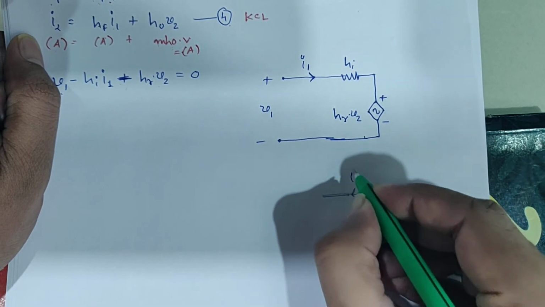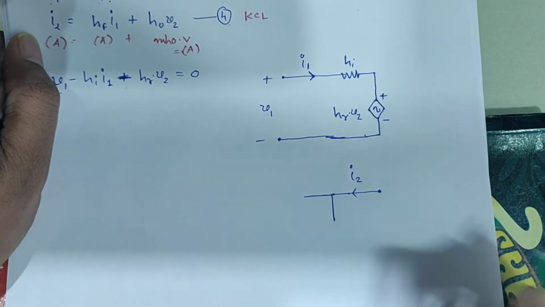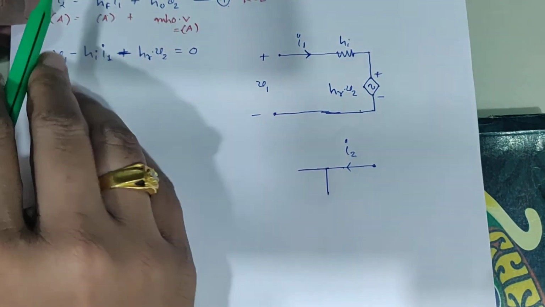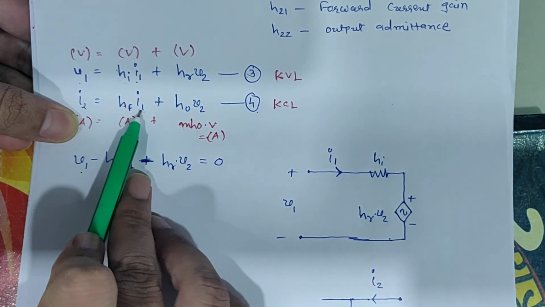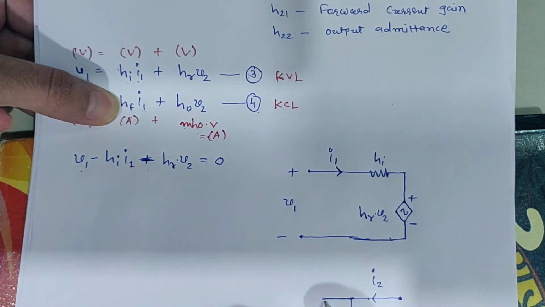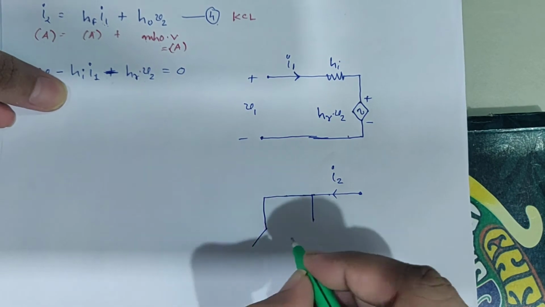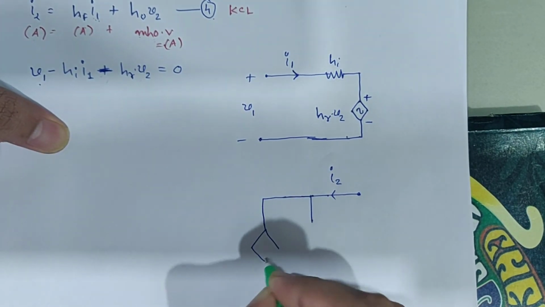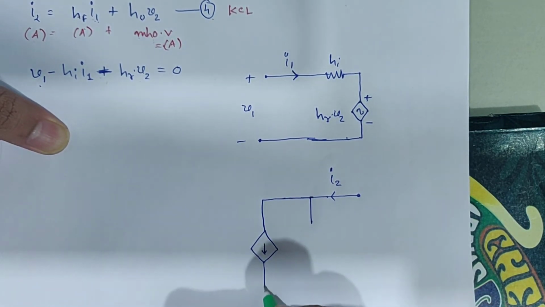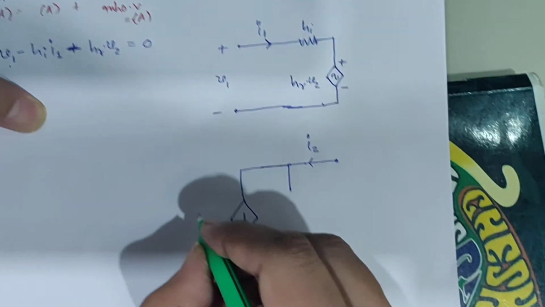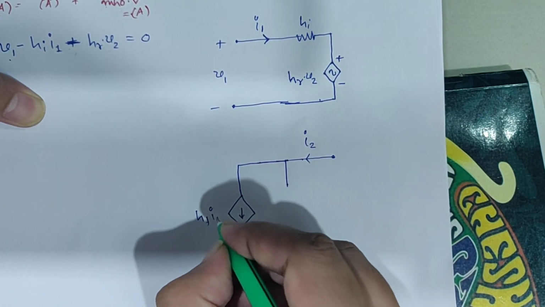If I draw here, the current flowing is I2, which is further divided into two branches. The first is the dependent current source. One current is flowing as a dependent current source. We can draw a dependent current source like this, and its value is HF into I1.